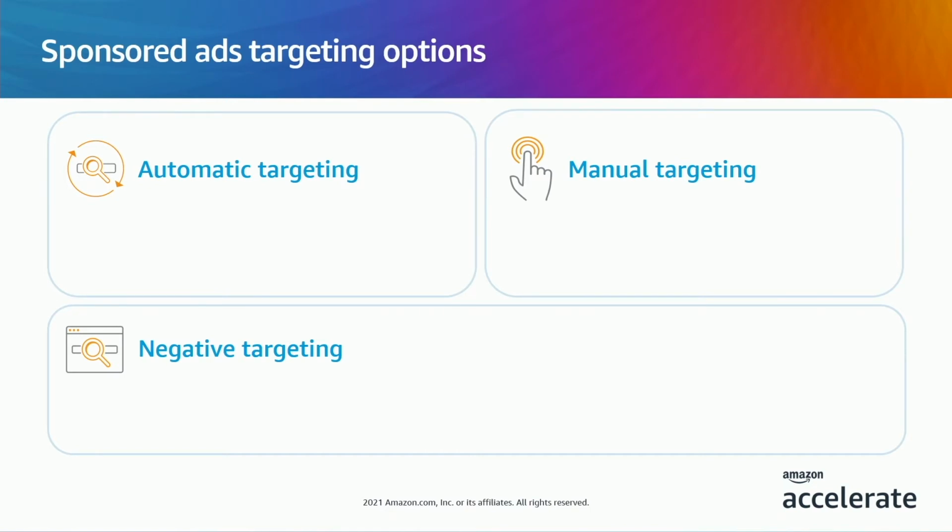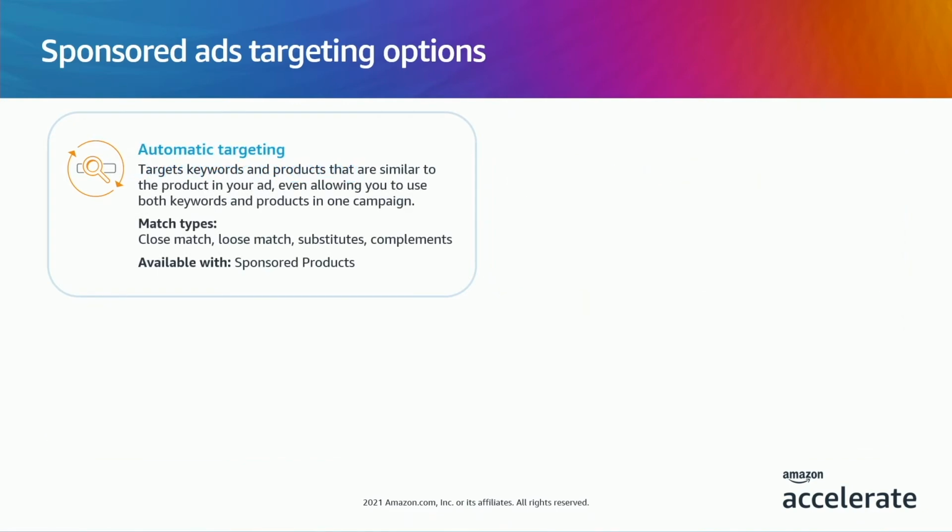With automatic targeting, your ad is automatically matched with keywords and products that are similar to the product that you're advertising, based on previous shopping queries and your product information. This will help those of you who are new to online advertising easily and quickly create a campaign, and even if you're a seasoned advertiser, help you understand keyword trends that can have an impact across all of your campaigns.